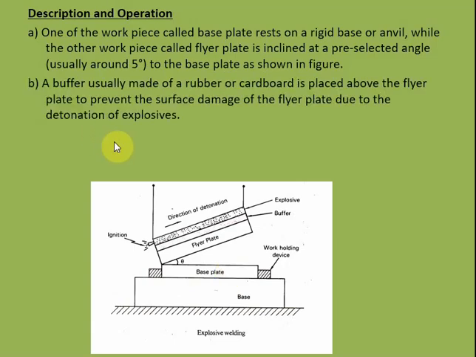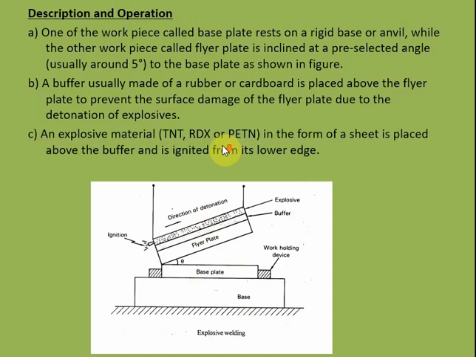Now a buffer layer made up of rubber, thin rubber, or some cardboard is kept over this flyer plate. This is the flyer plate. Here we have a buffer layer or buffer plate, over which we will maintain a layer of explosive material, TNT, RDX, or PETN, in the form of a sheet.